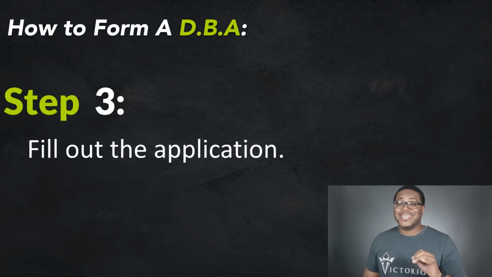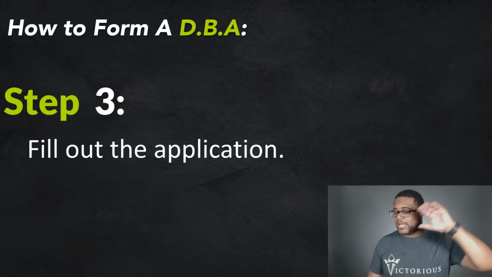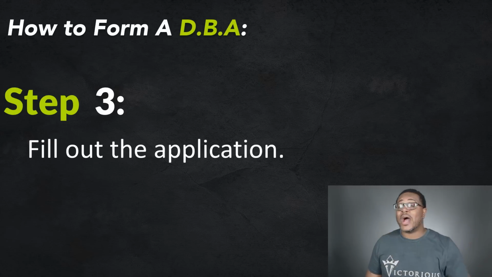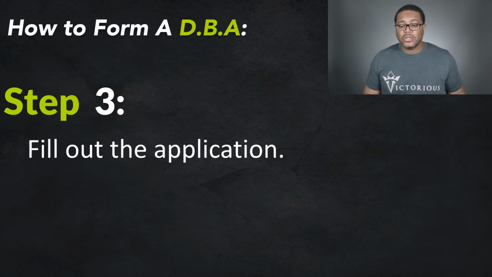Step 3. Fill out the application. Now, although the application may vary, again, the process varies widely from state to state, jurisdiction to jurisdiction, market to market. However, the basic information needed on these applications will be the same, beginning with your name.